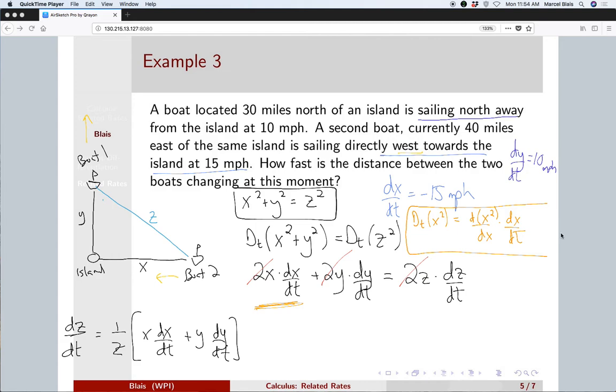And now that we have the equation relating the rates, the reason we solve for dz/dt is because we know that's what we were being asked to solve for.